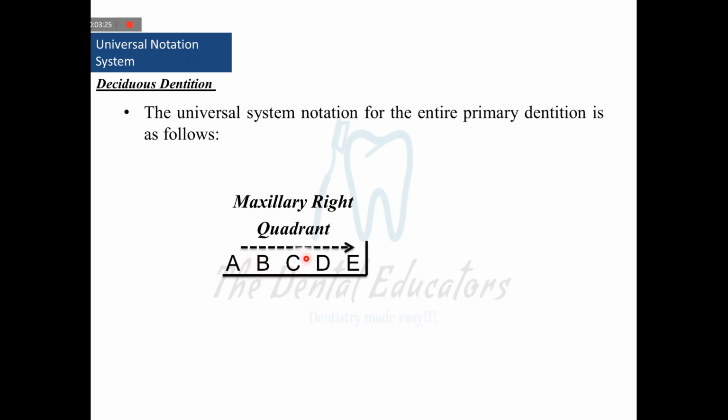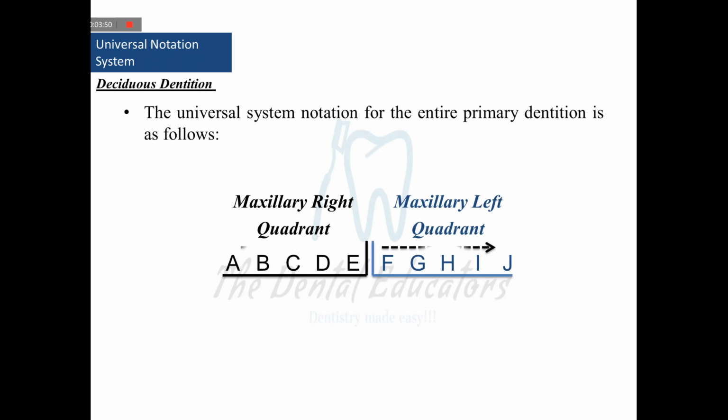The canine is labeled as C in the right quadrant, then D for the lateral incisor, and finally E for the central incisor. If we see the movement of counting, we are moving from the second molar towards the midline, toward the central incisor. Now after counting the first 5 teeth of the right quadrant, we move towards the left quadrant, and continue to count from the midline towards the distal direction.